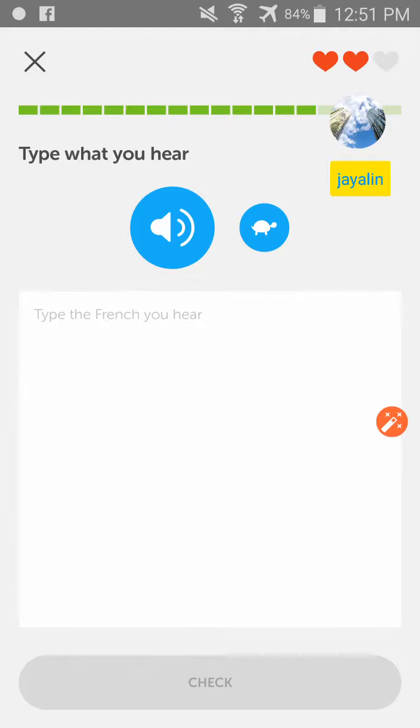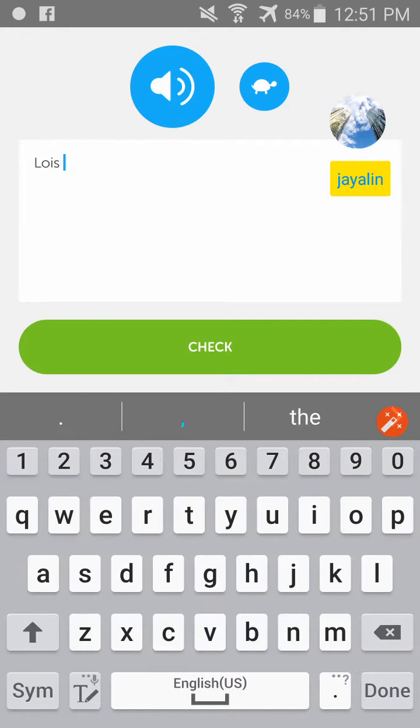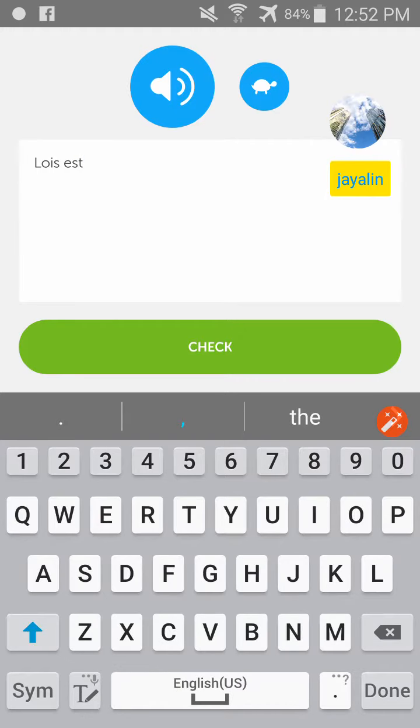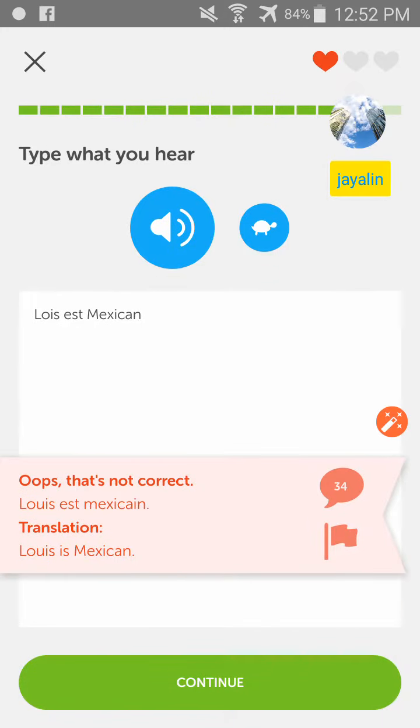Louis est mexicain. So Louis, masculine, I believe. So we're gonna use Mexican masculine form, but I'm not sure if it's written this way. We're gonna have to find out.